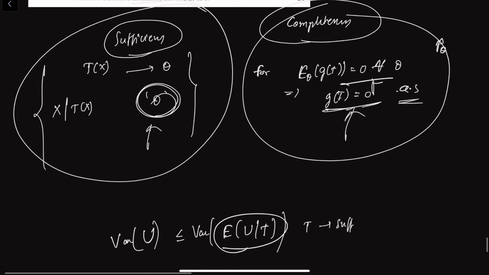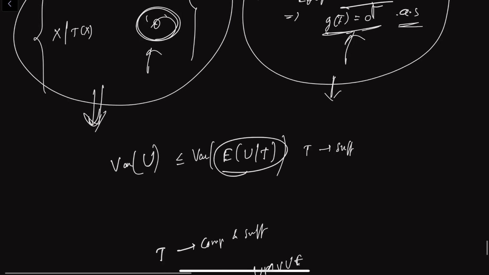Therefore, sufficiency reduces our dimension and completeness guarantees uniqueness. Hence we have an optimal UMVUE.